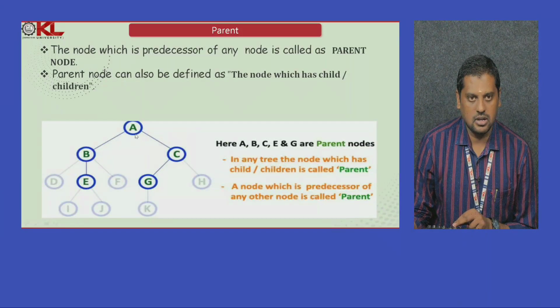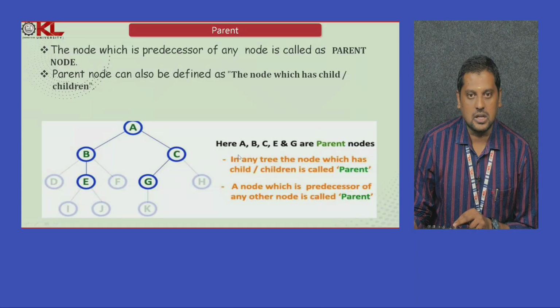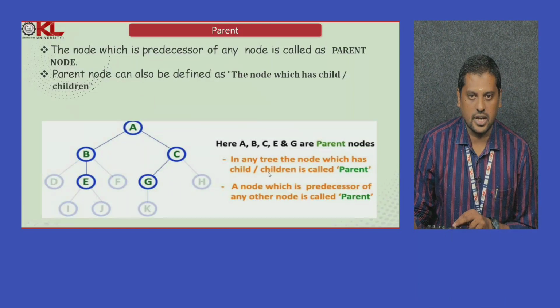In this example, E, G and C, all these nodes which have been highlighted here are said to be a parent node. Why? Because from this particular node we have some successor nodes connected, which are said to be child nodes. As I told you, in any tree the nodes which have child or children are called as a parent.